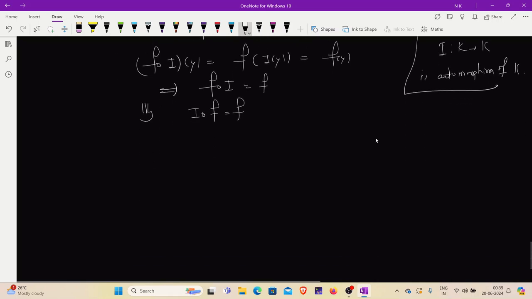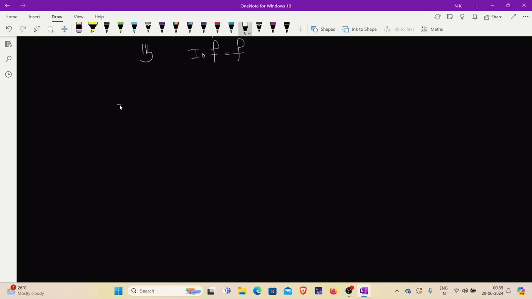And finally, I will move to the inverse part, the existence of inverse. For that, I will start with one element of the automorphism group of K. So let f from K to K be an element. I want to define its inverse, right?